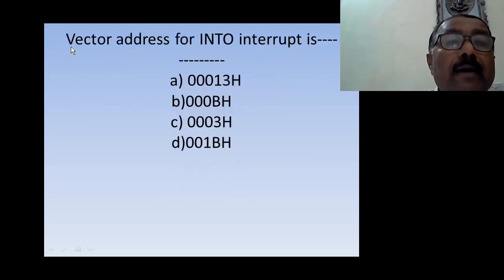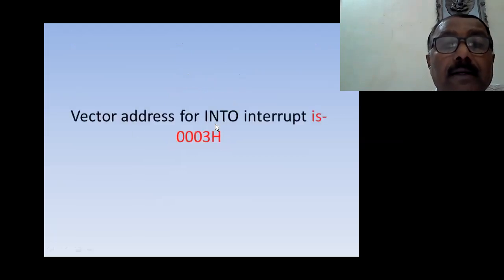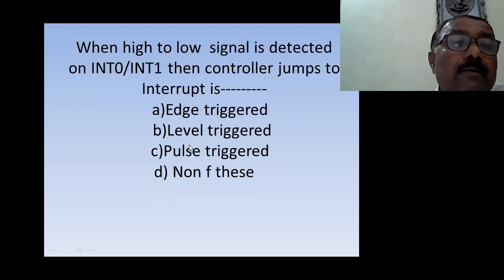Next question. The vector address for the INT0 interrupt is dash dash: 0013, 000B, 0003, and 001B. The correct answer is that the vector address for the INT0 interrupt is 0003. Next question.